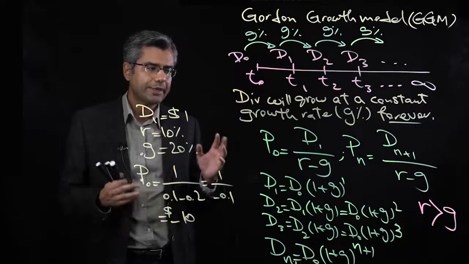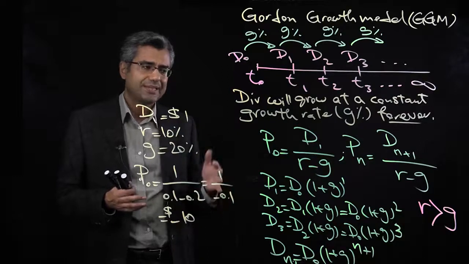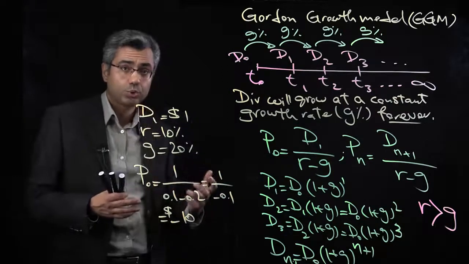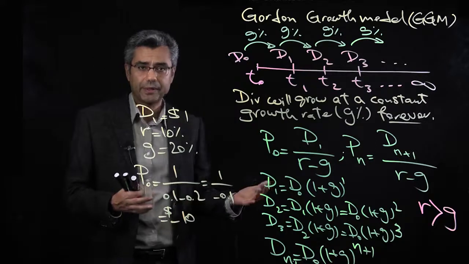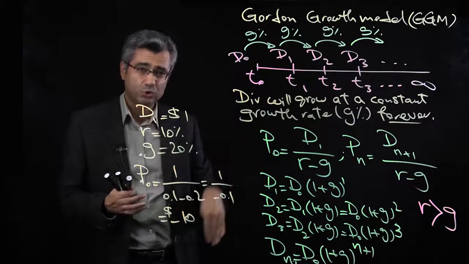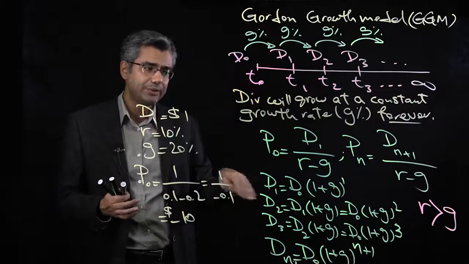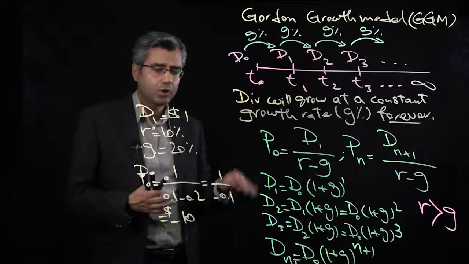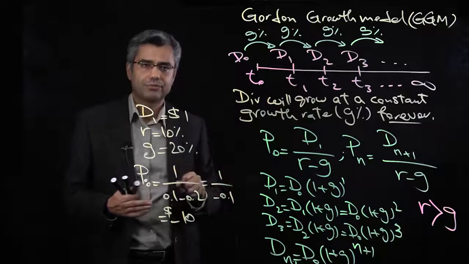So when R is less than G, we assume that this high growth rate won't last forever. We just assume that after a few years, the growth rate of the company will drop below the required rate of return, or R, and then we will apply this formula.